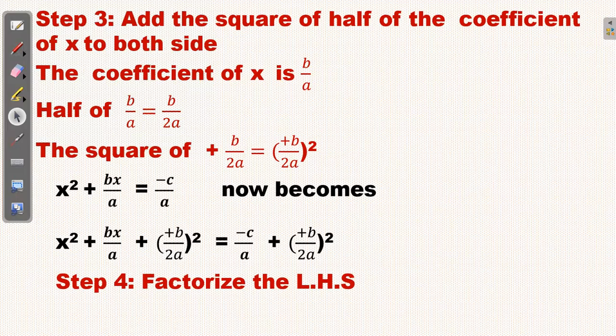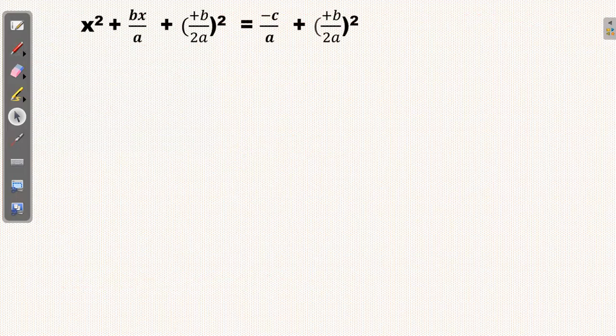Step 4, factorize the left hand side. So we have x squared plus bx over a plus b over 2a all squared to give minus c over a plus b over 2a all squared.